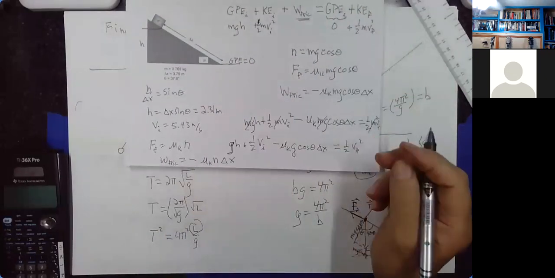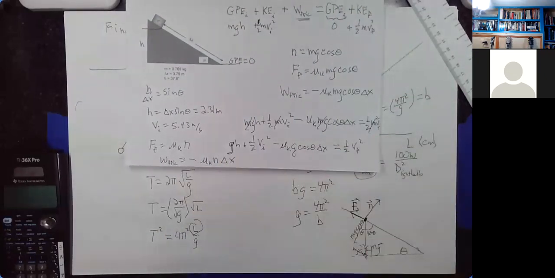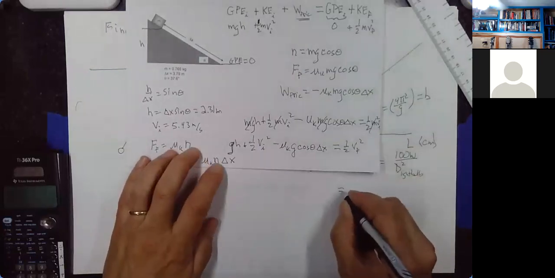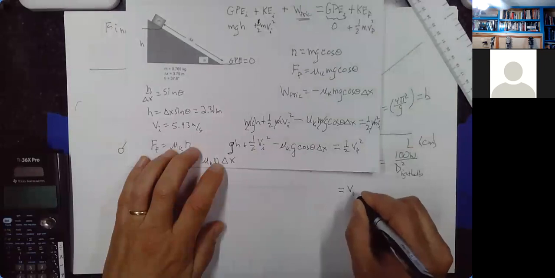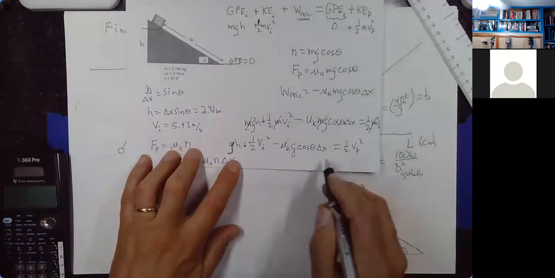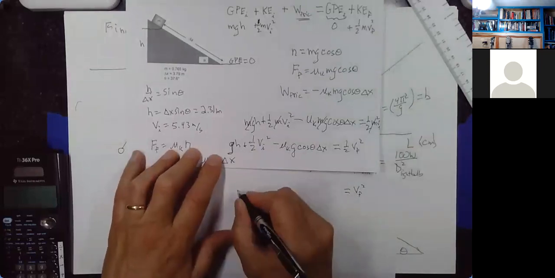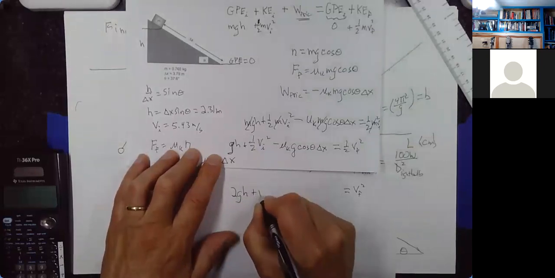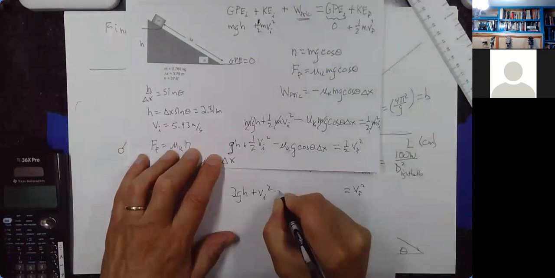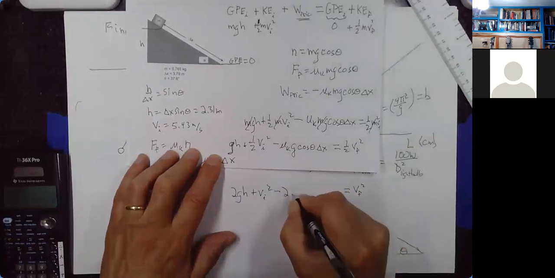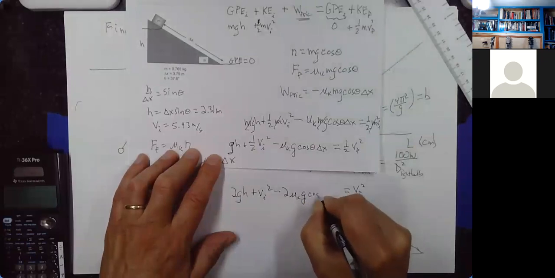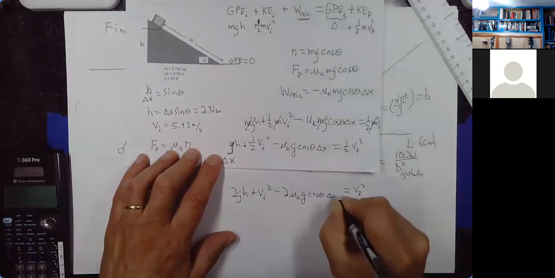If I multiply everything by 2, I'll get 2gh plus v initial squared minus 2 mu sub k g cosine theta times delta x.